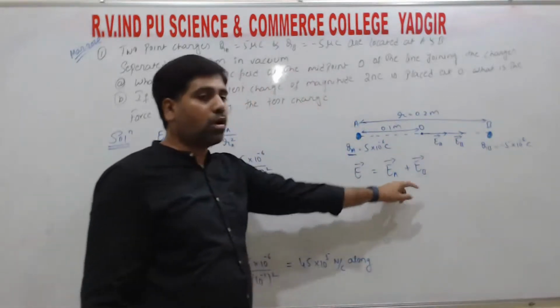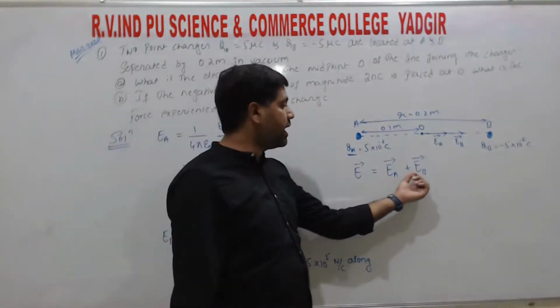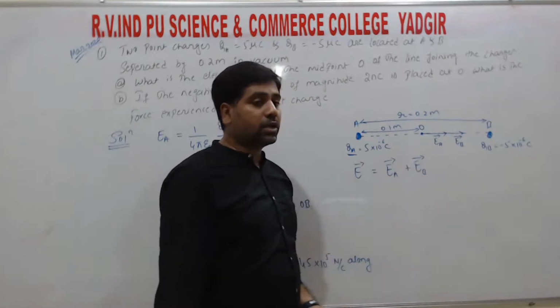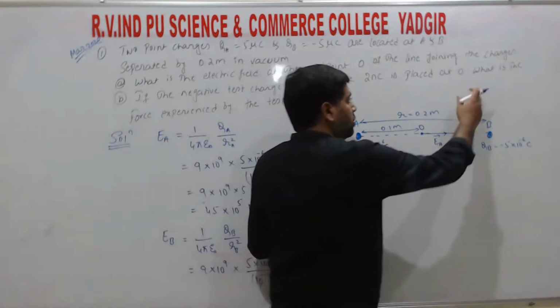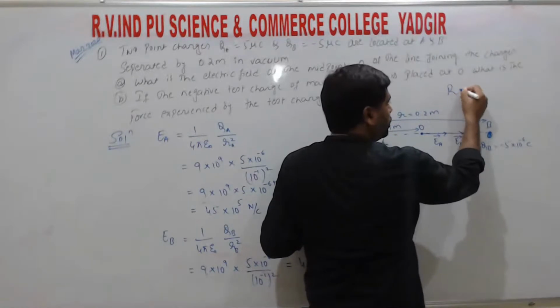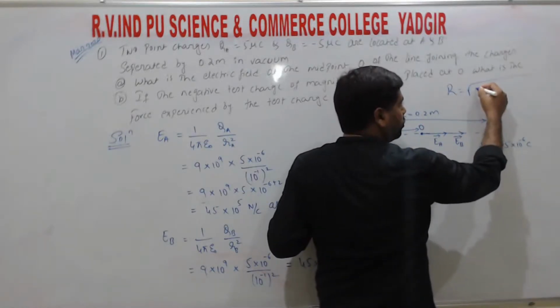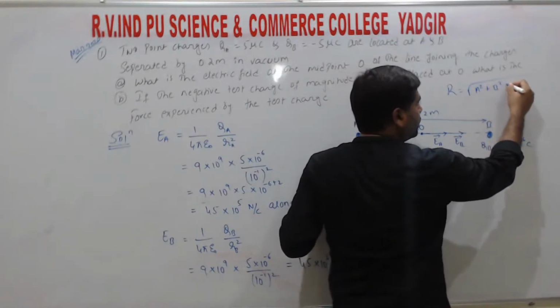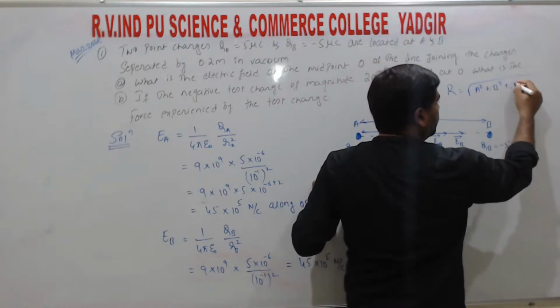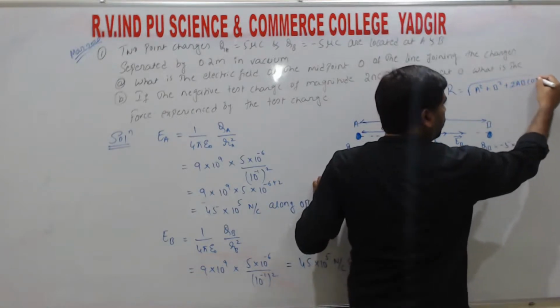As these two are vectors, we can't directly add EA and EB. Here direction matters. From vectors we know the resultant R is equal to the square root of A square plus B square plus 2AB cos theta.